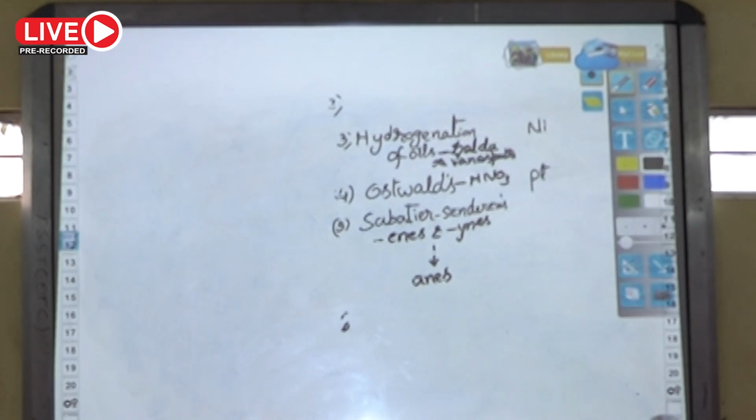Now you have studied one more process, in chlorine manufacture. In chlorine manufacture you have studied one is Nelson's process, the other is Deacon's process. Write that. Deacon's process.